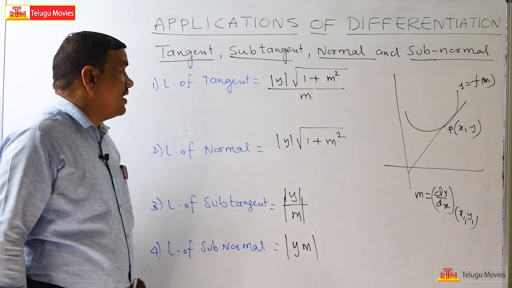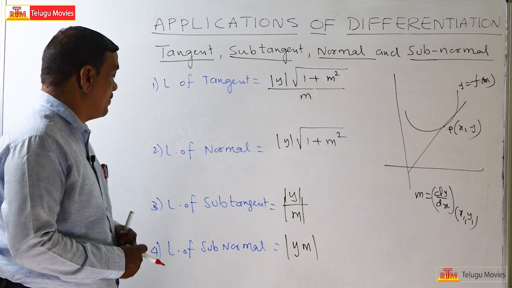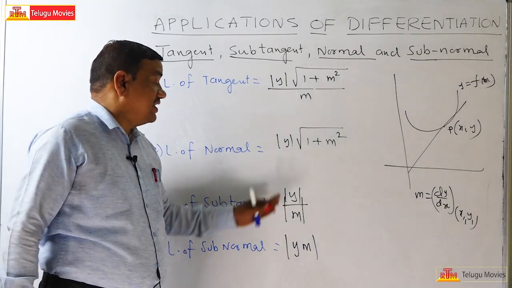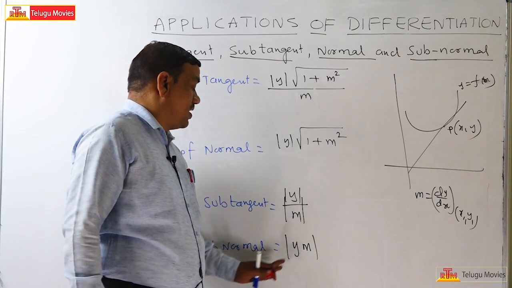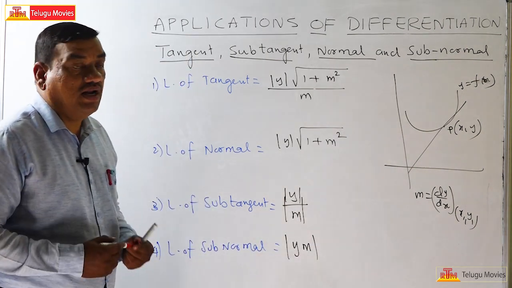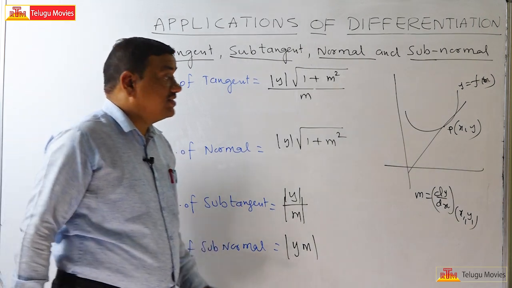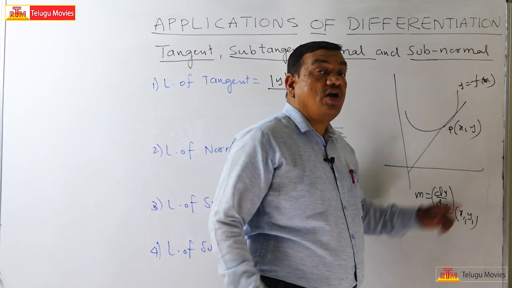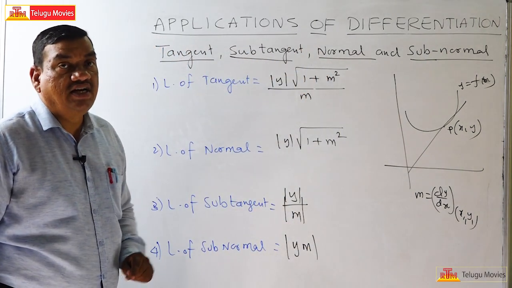Length of the normal is equal to modulus of y into root of 1 plus m square. Length of the subtangent is modulus of y by m. Length of the subnormal is modulus of y into m, where y is the y coordinate of the point of contact and m is the slope of the tangent at that point.